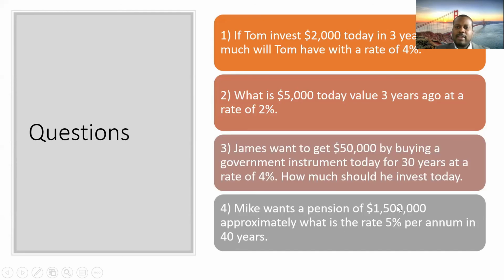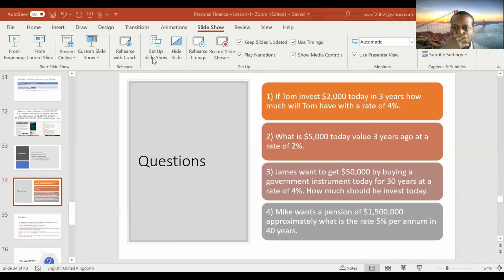And then we have this one. Mike wants a pension of 1,500,000 approximately.